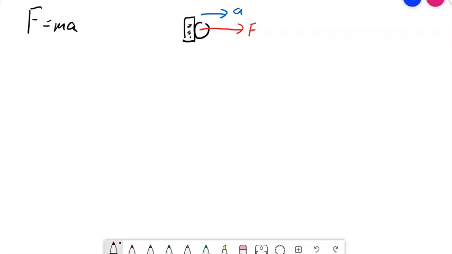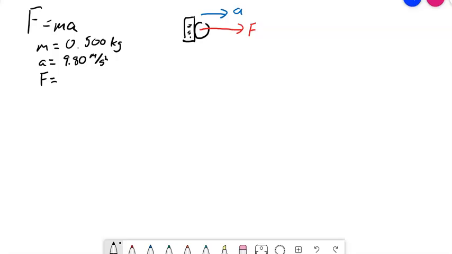The mass of this object is 0.500 kilograms. For the acceleration, we're going to use the free fall acceleration of 9.80 meters per second squared. So what should the force be? The force should be the product of the mass times the acceleration.